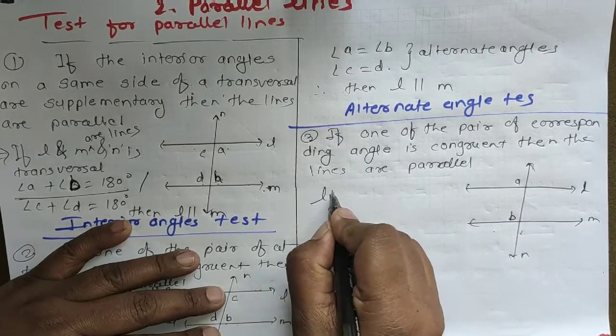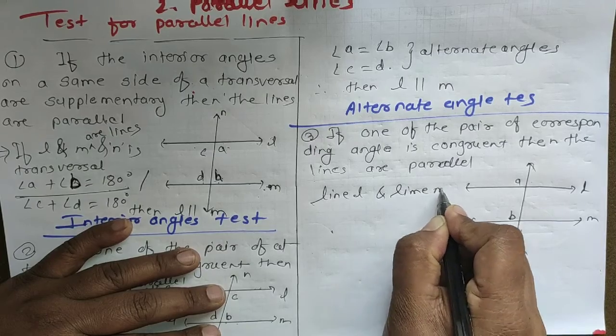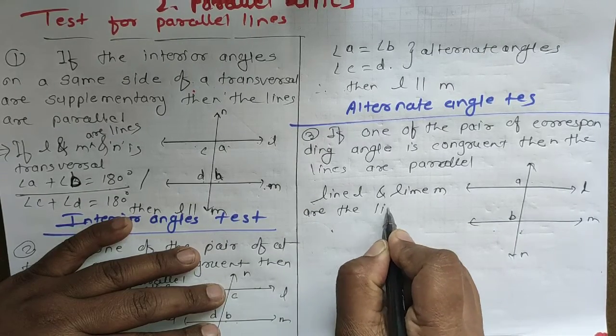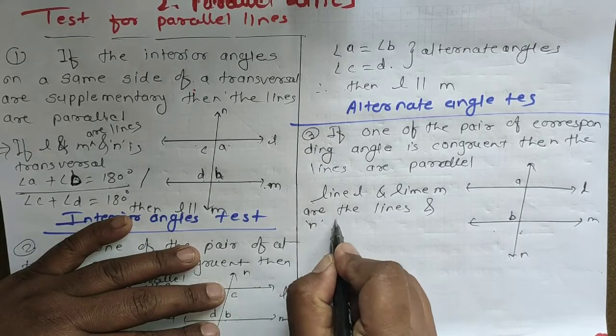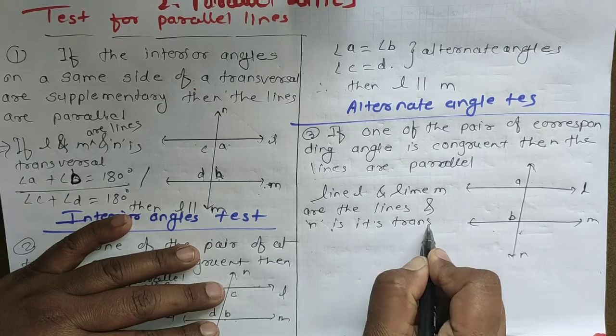So right here, line L and line M are the lines, and N is the transversal.